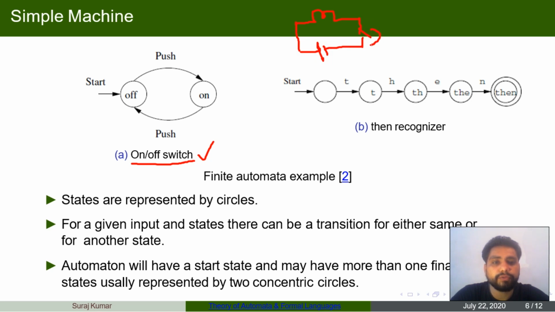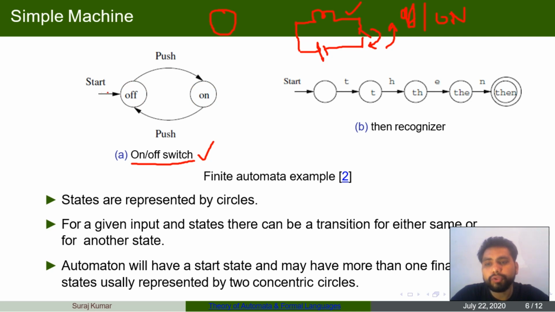Whenever you close the switch, the bulb will glow. Whenever you open the switch, the bulb will not glow. So the state of the bulb is either off or on. You have two states, and I am representing each state with a single circle: this is my off state and this is my on state.